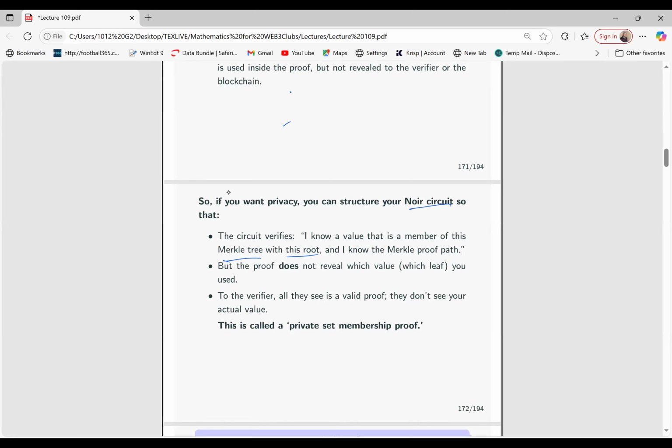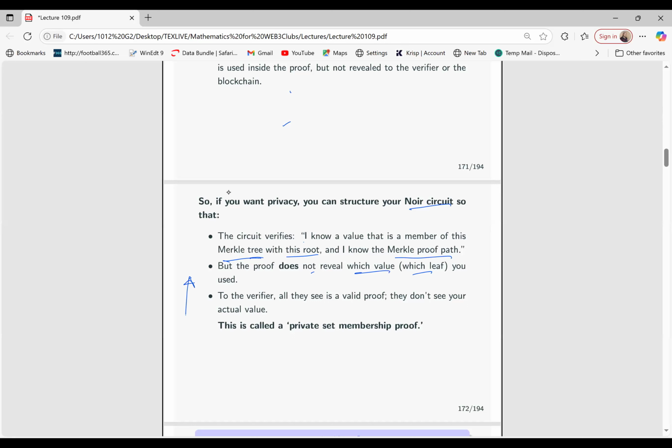It should be structured so that the proof does not reveal the value. It does not reveal the leaf. You're just saying that I know a value that is part of the Merkle tree, and I know the Merkle proof path, the path of hashes that we talked about.